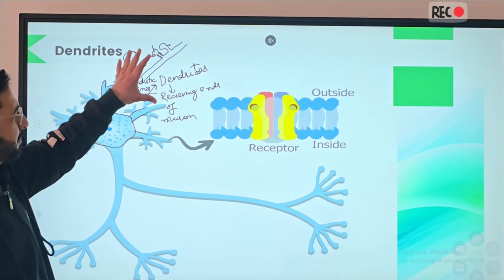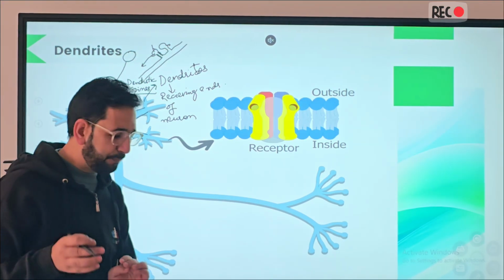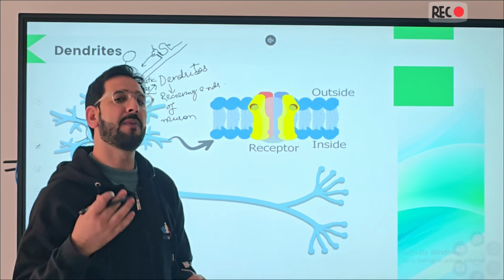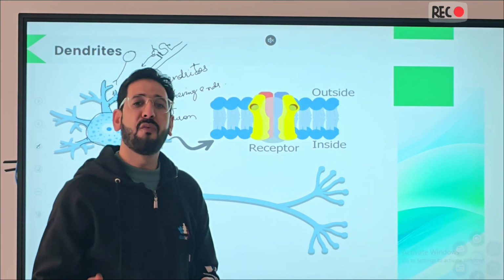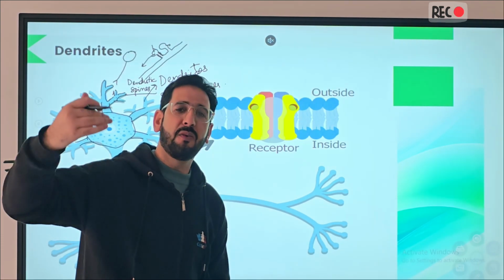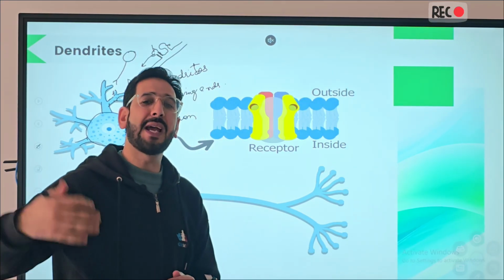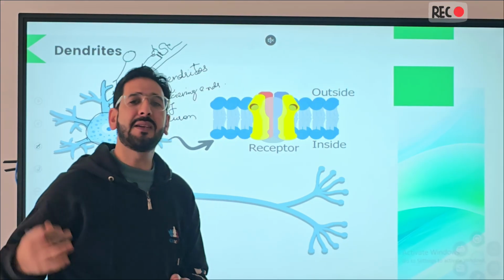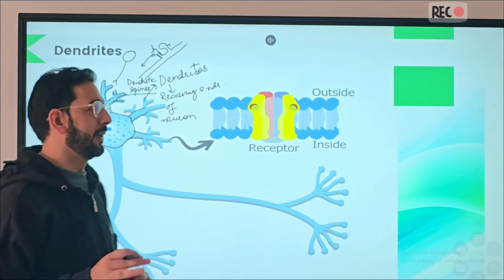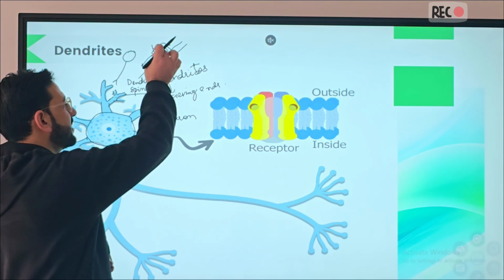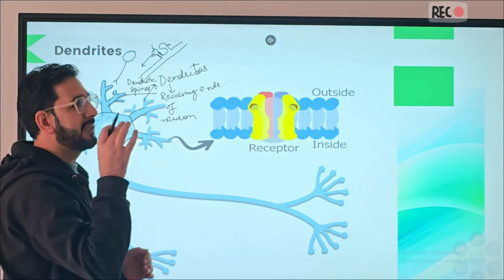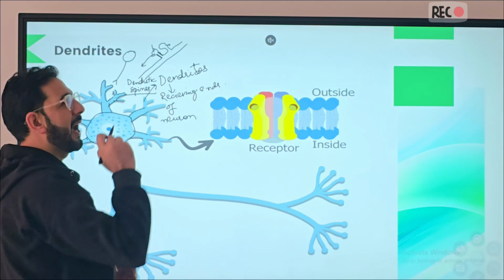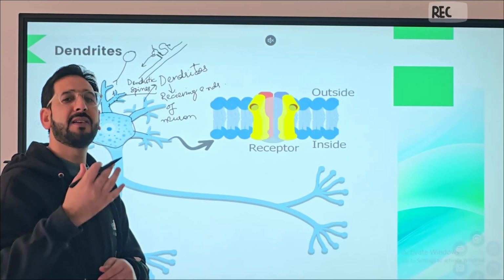Now, these dendritic spines are very important, because for any process of adaptation, learning and memory, we need to form more synapses with many neurons. We have to increase the number of synapses. So there can be changes in these dendritic spines in processes like learning and memory. These dendritic spines will either increase in number or increase in size.